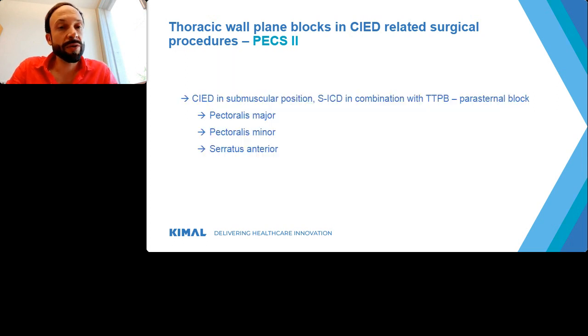Now, referring to the pectoralis 2 block, it's basically the pectoralis 1 block in combination with a block between the pectoralis minor and serratus. This pectoralis 2 block can be used in any CIED in submuscular position, especially in S-ICDs, in combination with the transversus plane block and maybe a serratus plane block, but this later.